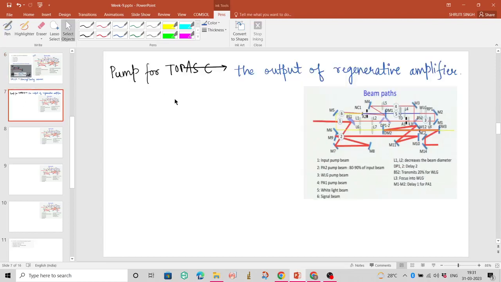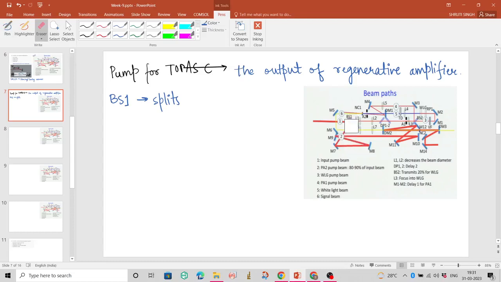It is a beam splitter, normal beam splitter. So BS1, what it does, splits, it is an 80-20 kind of beam splitter.